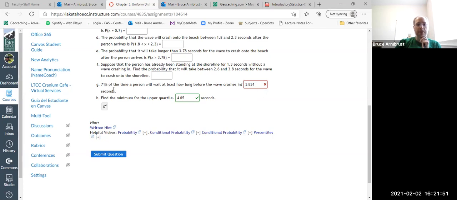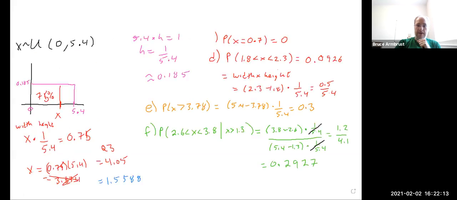So if it's 71% of the time, a person will wait at least how long? What I did was 71% of the time, a person will wait at most how long? So let's go back and look at that G again. And I see that Willie caught that, put that in the chat, the at least.